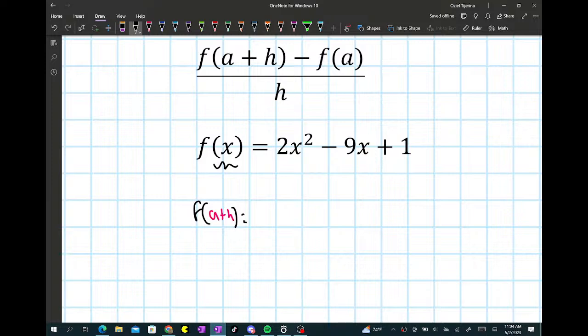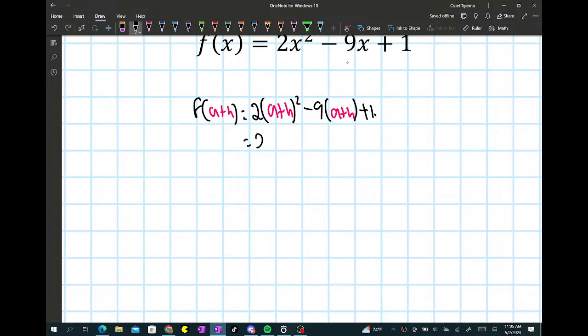So for every x value here, I'm going to plug in this. Right? So when I do that, this is what happens. I'm going to have 2 times a plus h quantity squared minus 9 times a plus h plus 1.